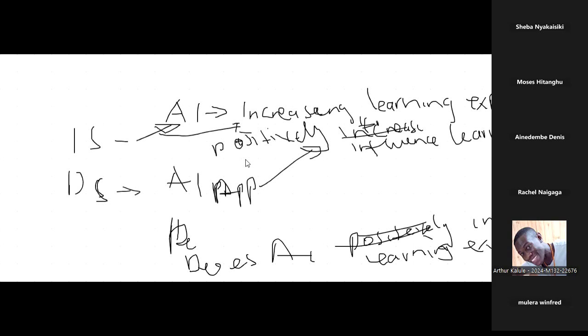And then from that, maybe using the help also of theory, you develop your hypothesis.